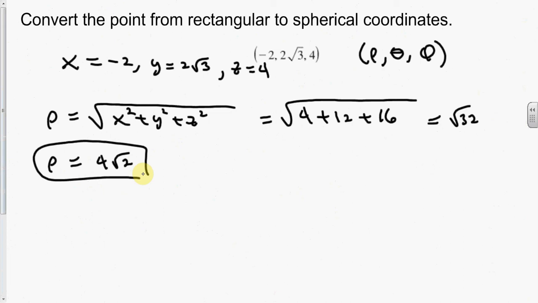Now we need theta. We use the tangent. Tangent theta is equal to y over x. Y is 2 times the square root of 3, and x is -2. So here I get the square root of 3 over -1.